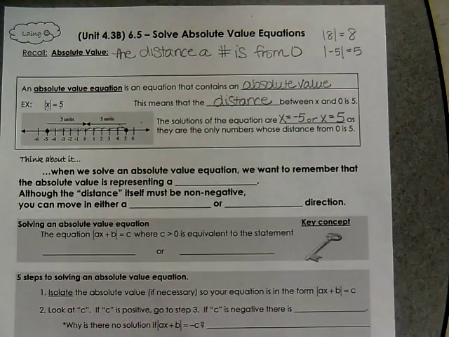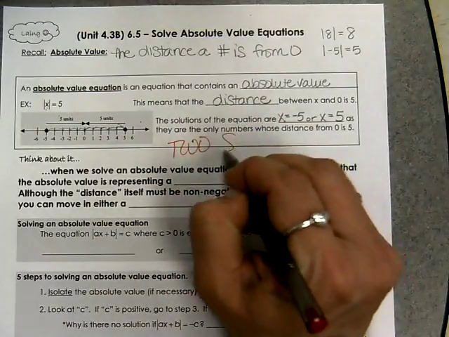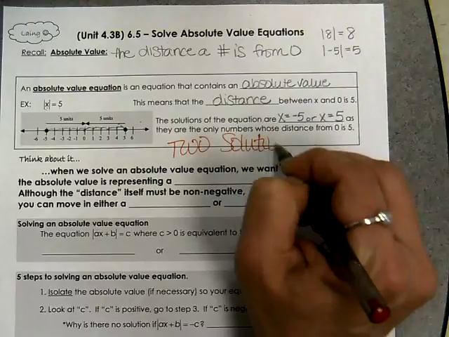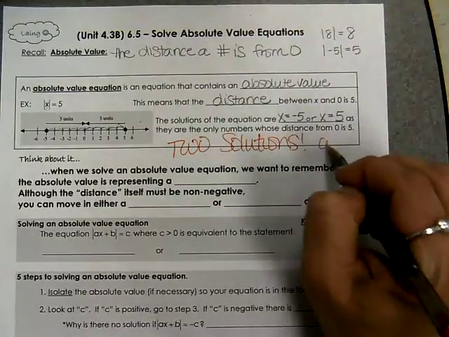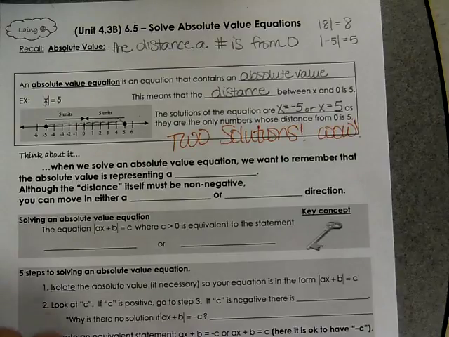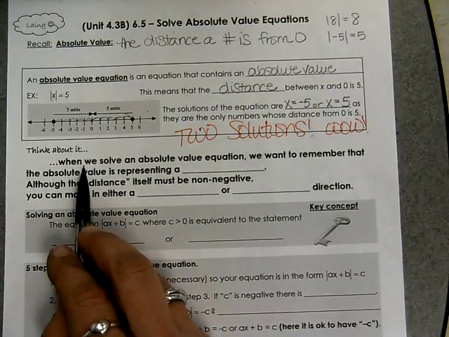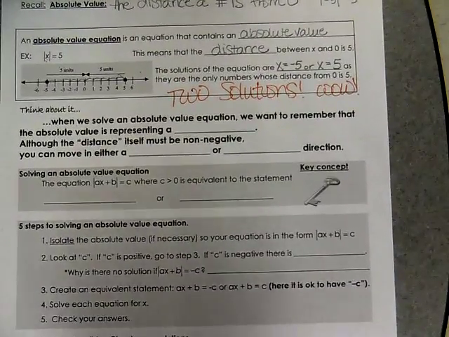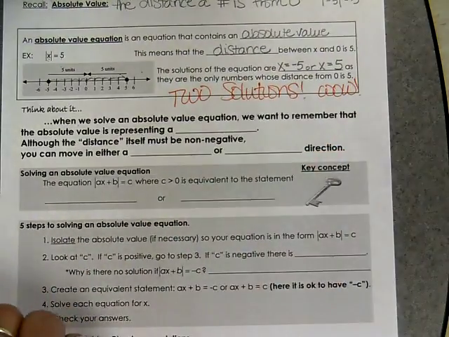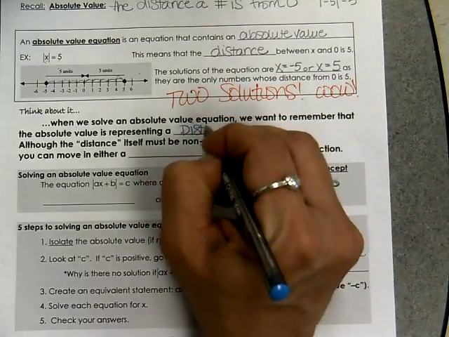So notice we have two solutions very often. Okay? So remember that when you solve an absolute value equation, the absolute value is representing a distance.